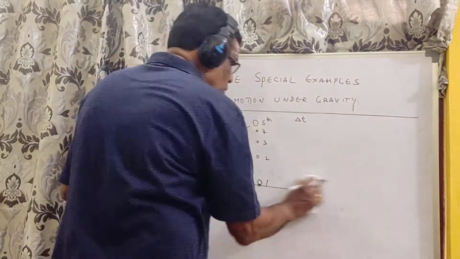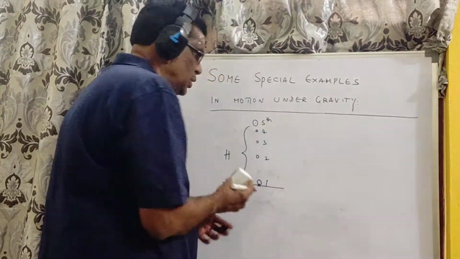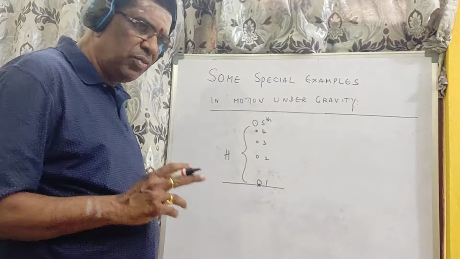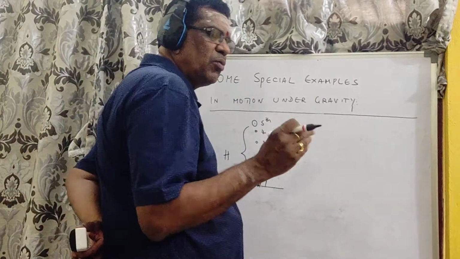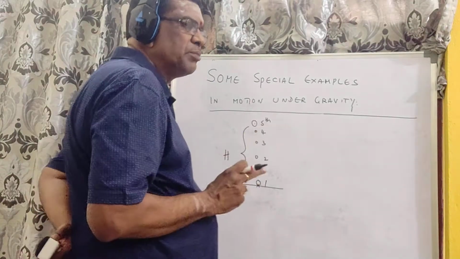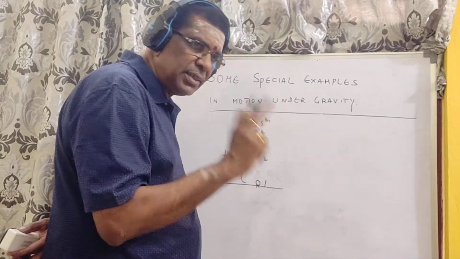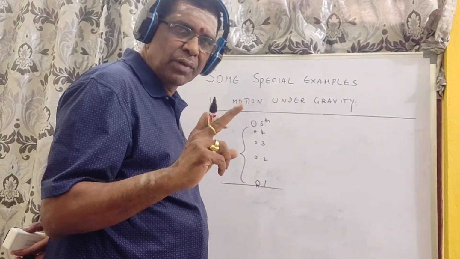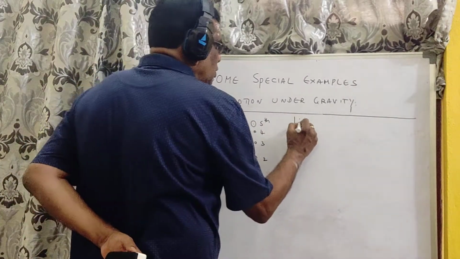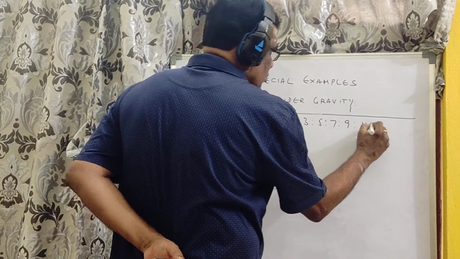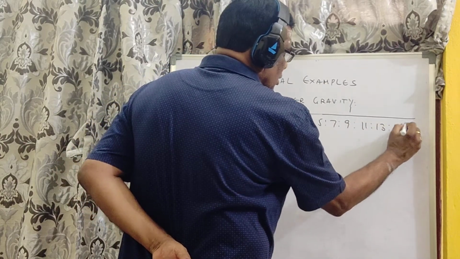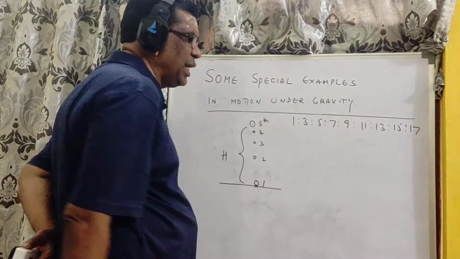Now, how to make use of this ratio? If you recall, I have already given you the ratio of displacements covered during 1 second intervals, right? And this ratio, you got it as, likewise, I'm putting as many as you wish.